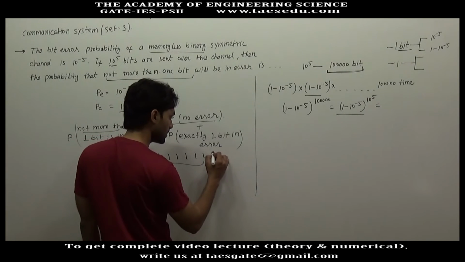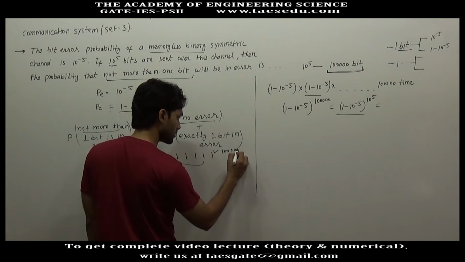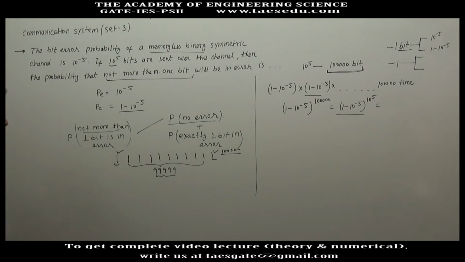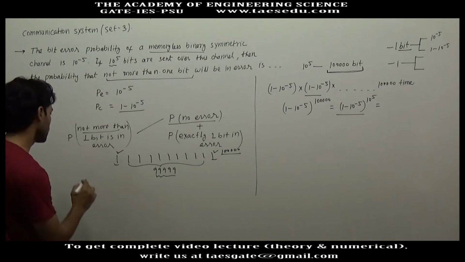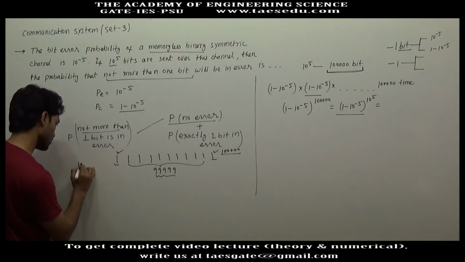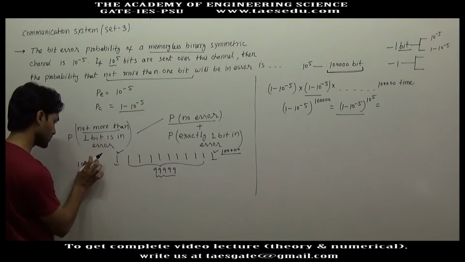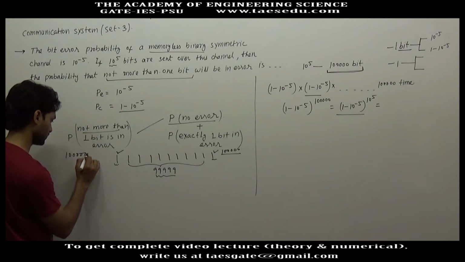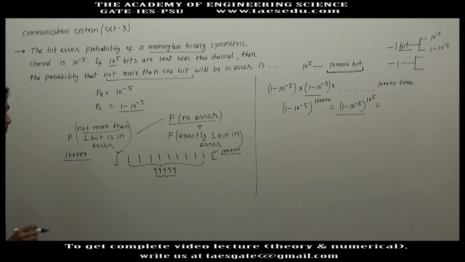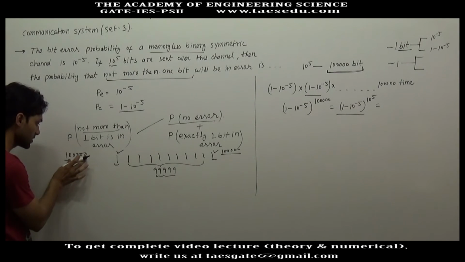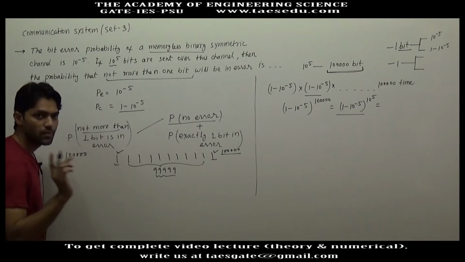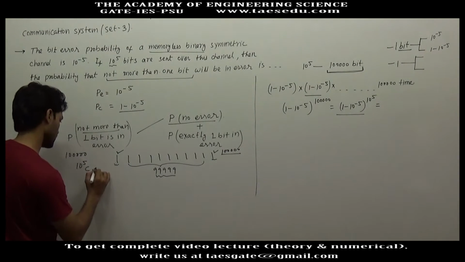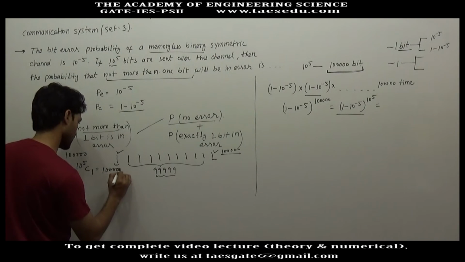Similarly, the last bit may also be in error. So only 1 bit will be in error. For the bit to be in error, there are 1 lakh positions. So the number of ways in which only one bit will be in error is 10 to power 5 C1, and this will be 1 lakh.